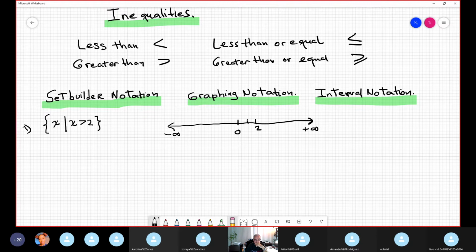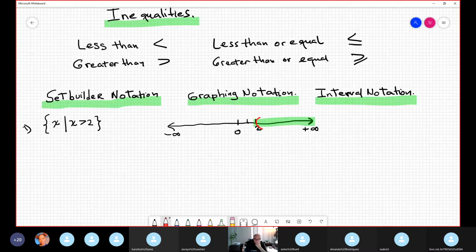And this is greater than, so it's to the right, because it's greater. It's a bunch of values greater than 2. Of course, in this case, it does not include 2. The symbolic way to represent this is parentheses. Parentheses do not include the endpoint, and a square bracket does include the endpoint.